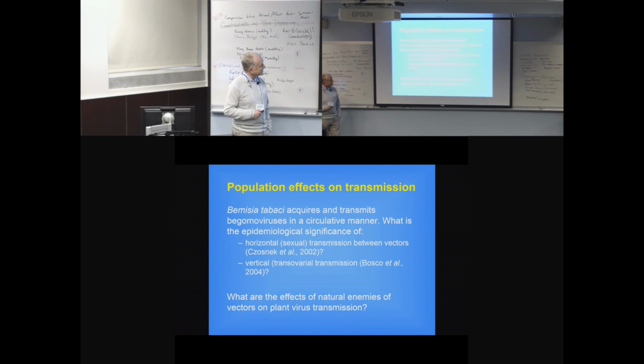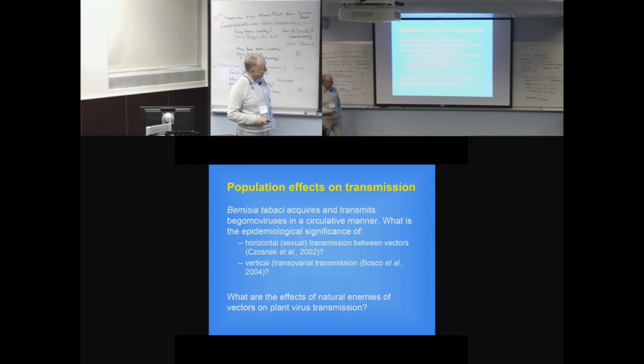It's a bit contentious, it's a bit controversial whether this can be repeated, but there is this claim that you can get horizontal sexual transmission. We certainly know that we can get transovarial transmission, although in whiteflies, again, this is a bit controversial because this particular group said, yes, you can get it, but the virus ends up not being effective, not being efficient.